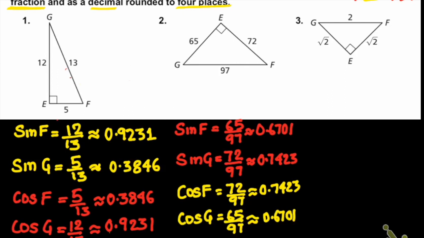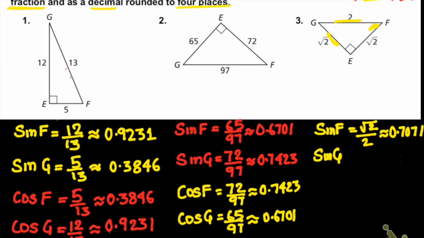So when we are moving here, I have to find sine of f and sine of g. Sine of f is opposite over hypotenuse, so that's going to be root 2 over 2, and when you simplify it, your answer is going to be 0.7071.